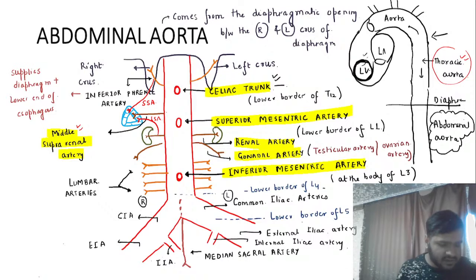I hope the topic is clear to those who have watched it. These are very, very important topics: the arterial supply of the gut, the midgut, hindgut, and the foregut. Everything I have discussed in this video.